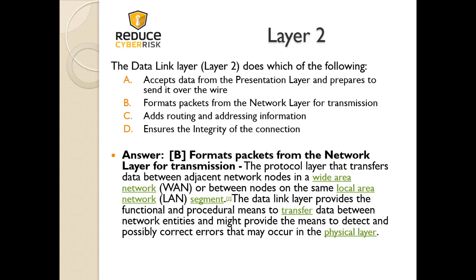It also helps detect any possible errors that may occur in the physical layer, your layer 1. So that is the data link layer. It formats packets from the network layer for transmission and sends them on their way.